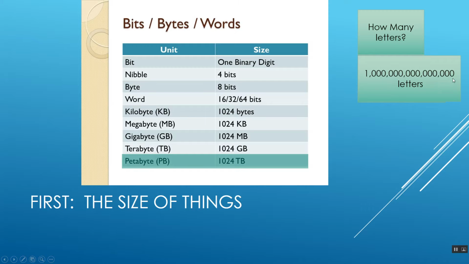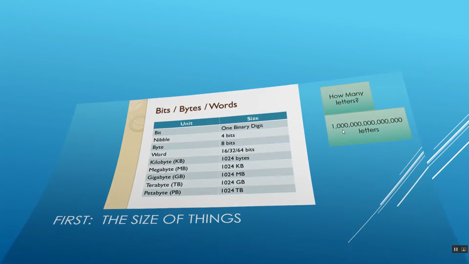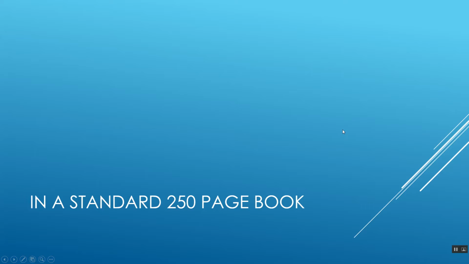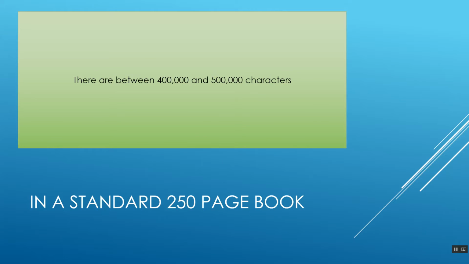Now, that's a lot of letters, and to put it in context, in your standard 250-page book, there's somewhere between 400,000 and 500,000 characters. And of course, a 500-page book would be about 1,000,000. A megabyte of information is about 1,000,000 characters.